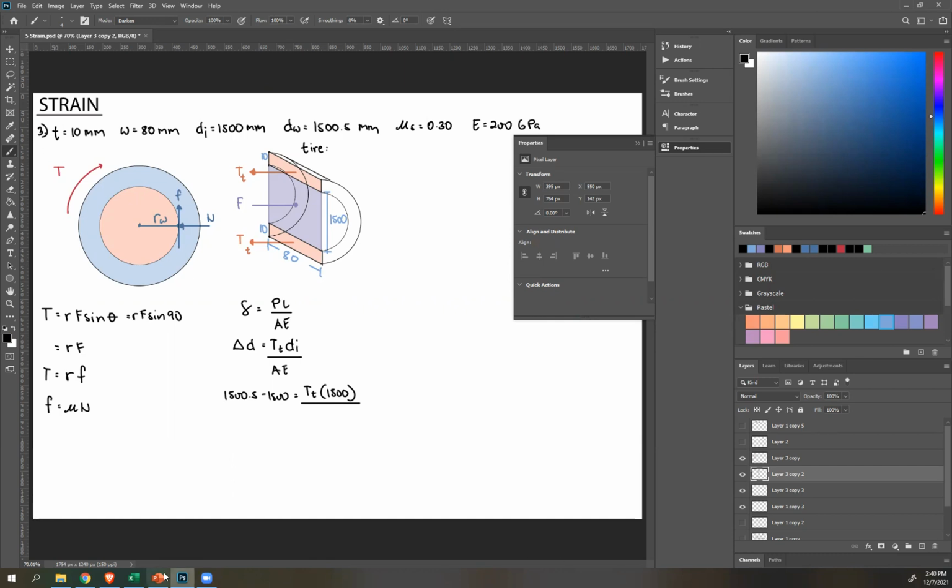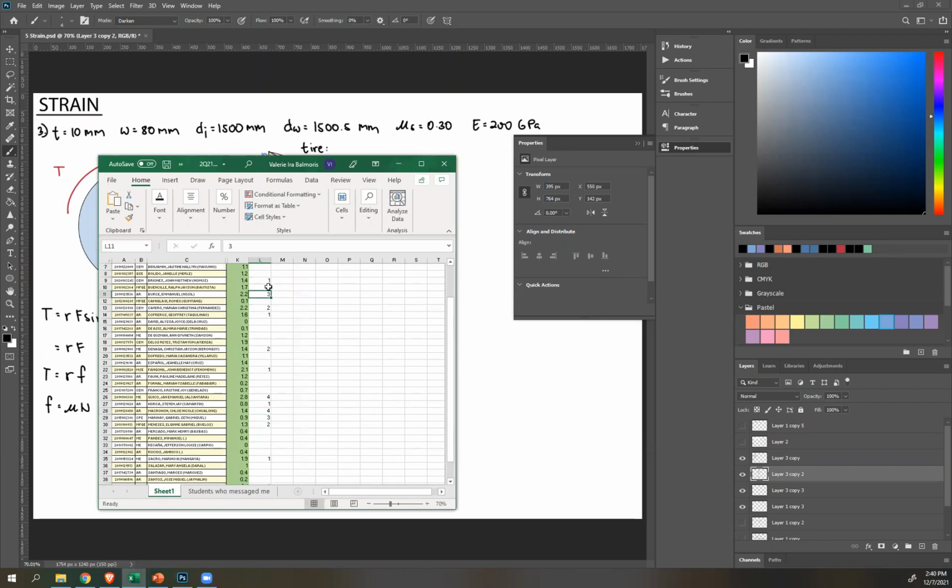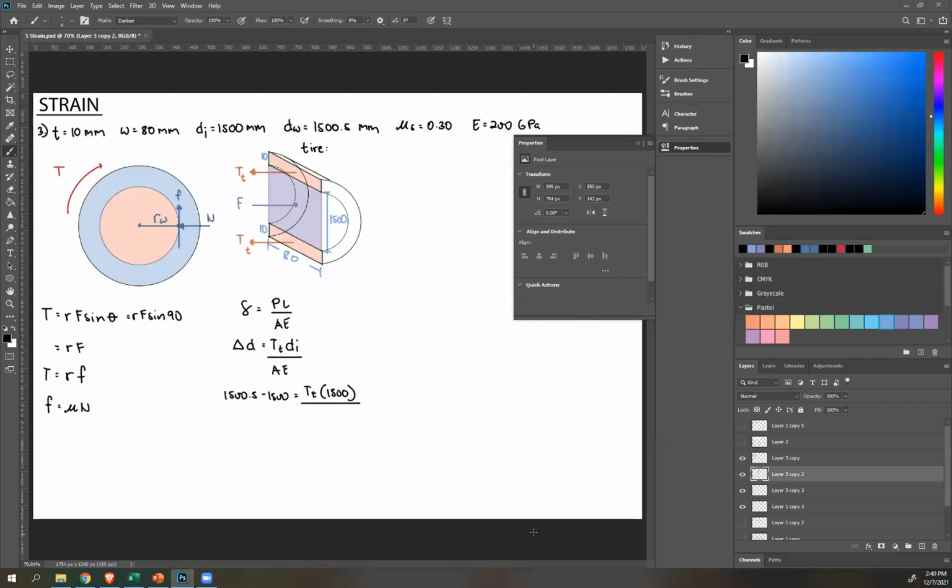Correct, Chloe. And Nicole. Very good. It's a rectangle, right? This is the cross-section we're talking about. It's a cross-section perpendicular to your force. And that's just a rectangle, so base times height, 80 times 10.